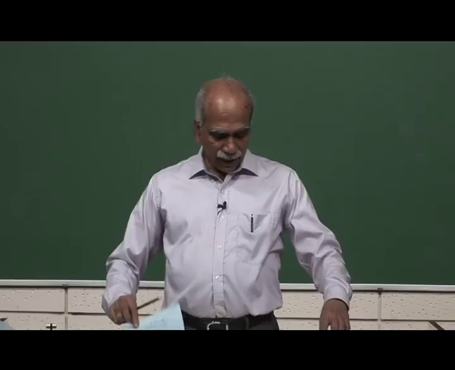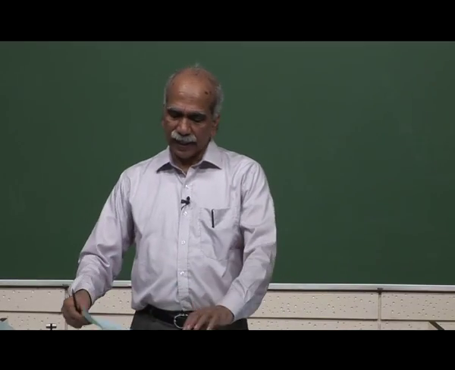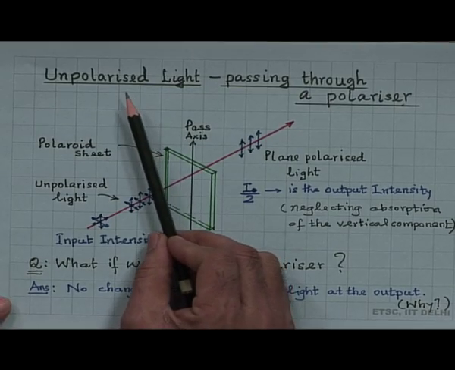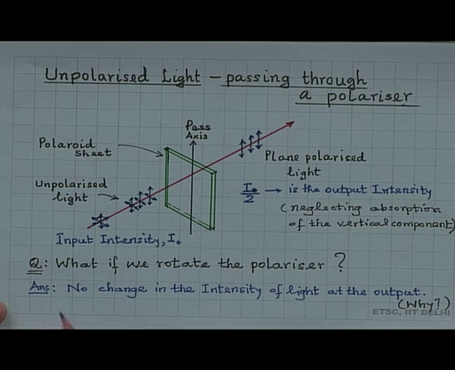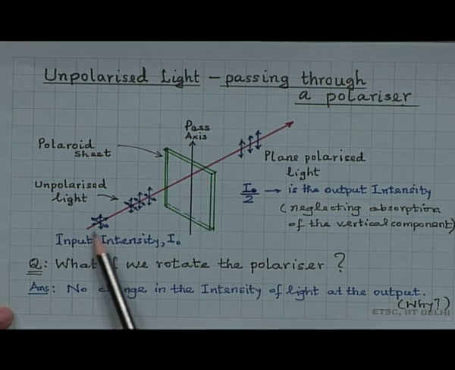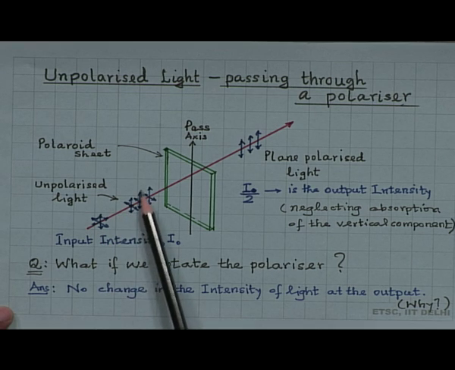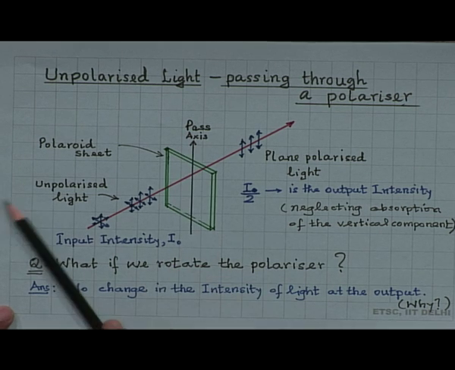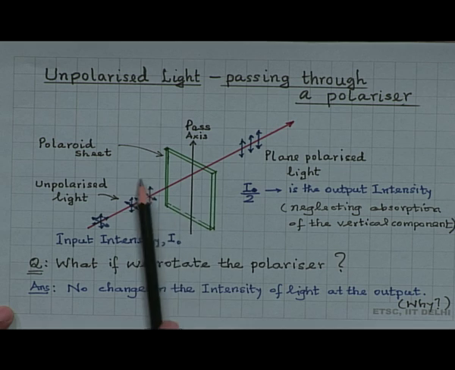Let us make it more clear. Let us look at the diagram again in a different way. So, unpolarized light passing through a polarizer. Here is a Polaroid sheet and unpolarized light is incident. As usual, we have resolved it into two components, one component parallel to the pass axis and another component perpendicular to the pass axis.